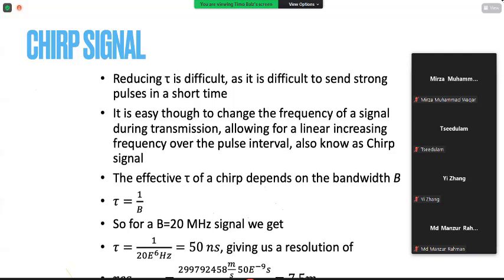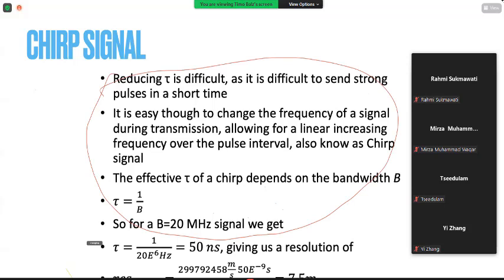So by analyzing the frequency, the effective tau depends only on the bandwidth of my signal, how much bandwidth I have. If we use 20 megahertz, for example, we get a 50 nanosecond tau, which gives us an effective range resolution of 7.5 meters.